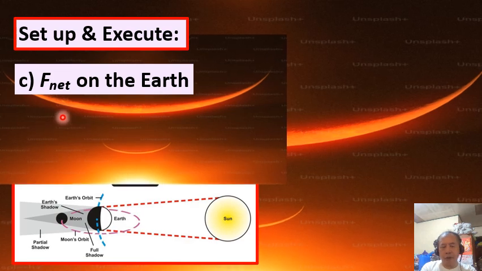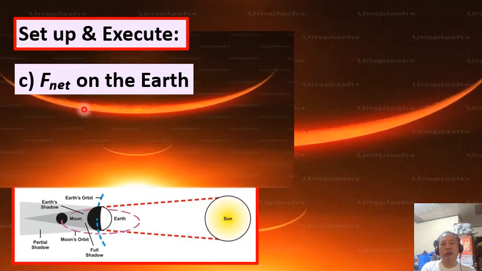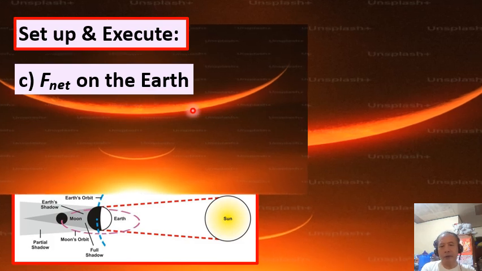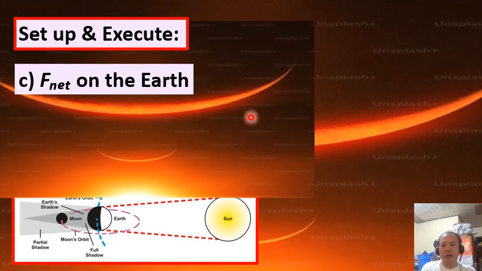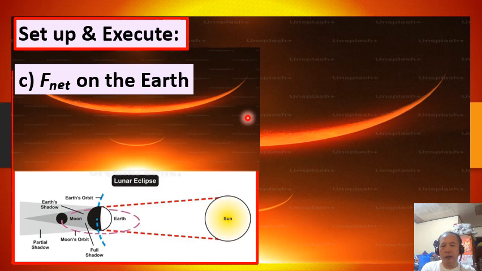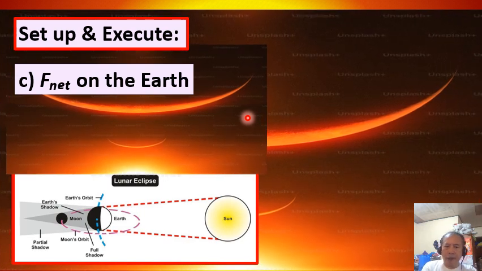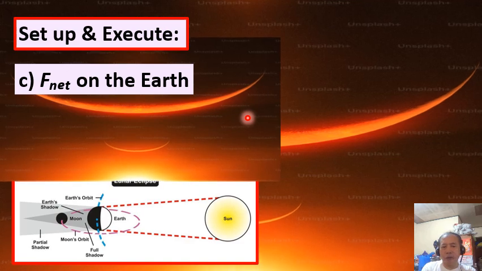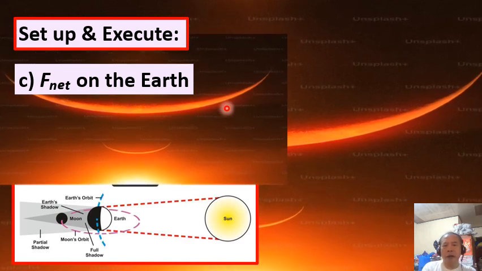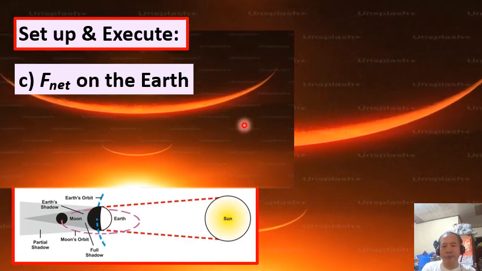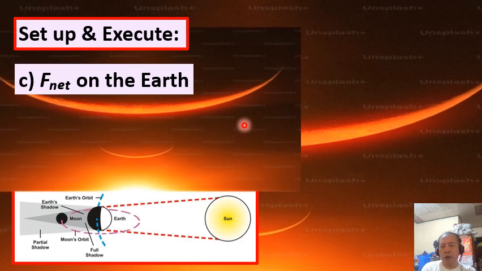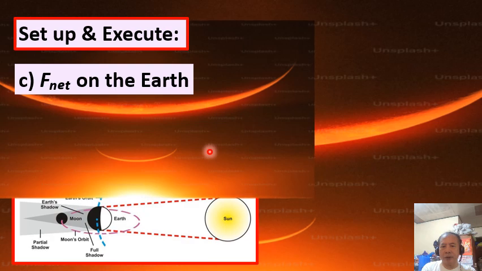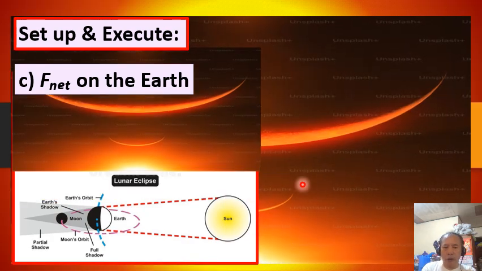Finally, for part C, we determine the net force or the resultant force exerted on the Earth. Of course, this is on the assumption that the other planets' attraction on the Earth is disregarded. So we are only talking about the vector sum of the force of the sun on the Earth as well as the force of the moon on the Earth.